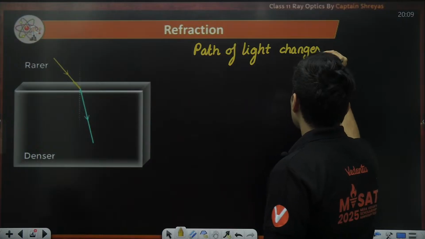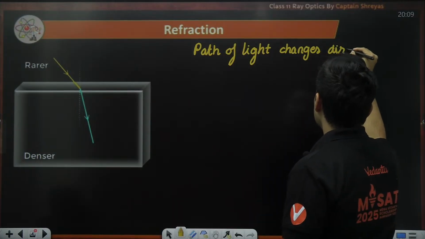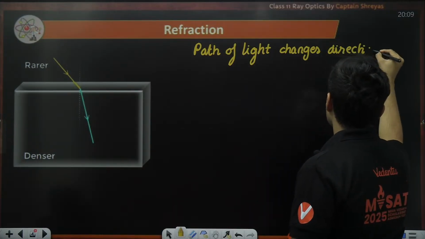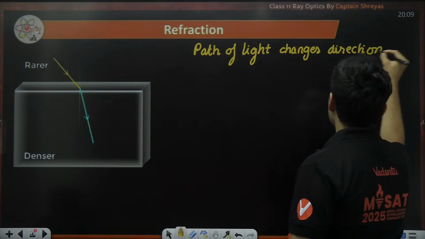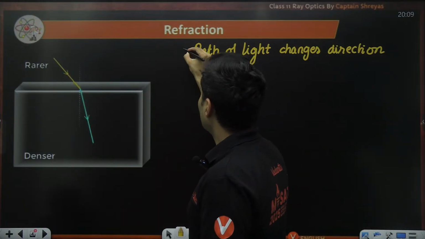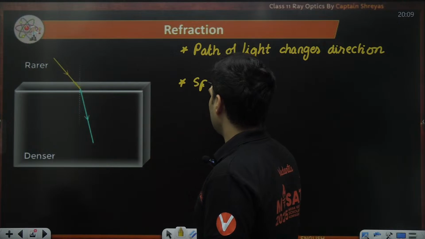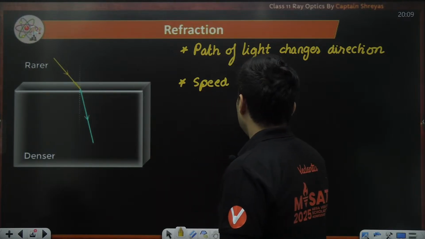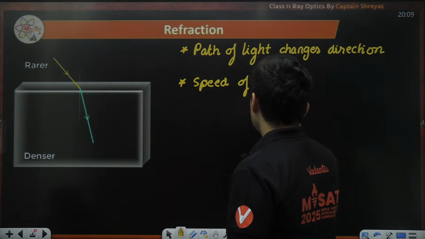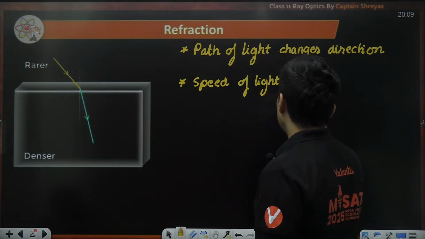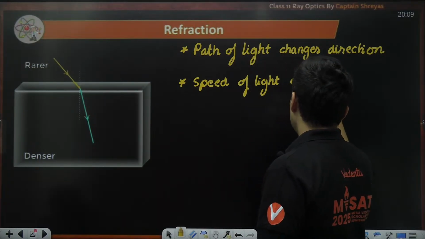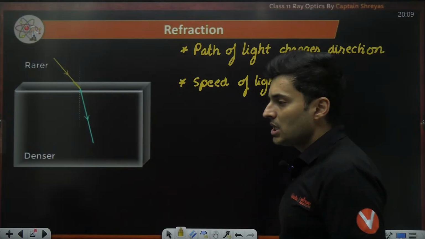Number one thing, it changes the direction. Number two, the speed of light changes. That is very, very important.